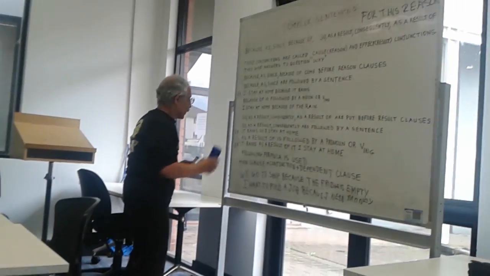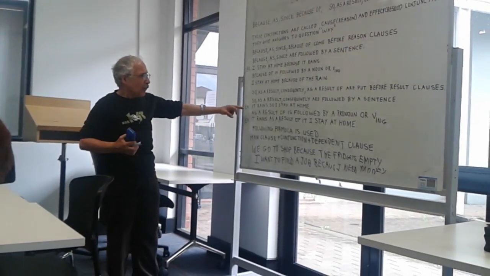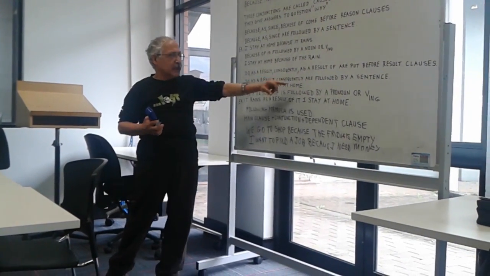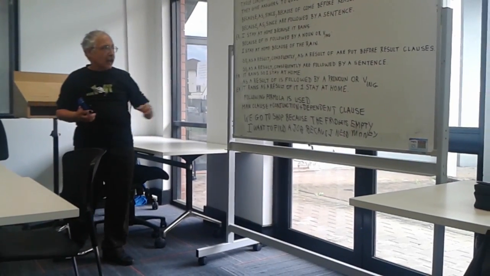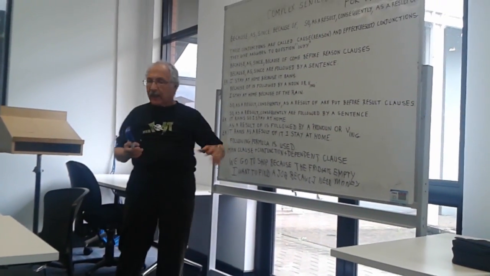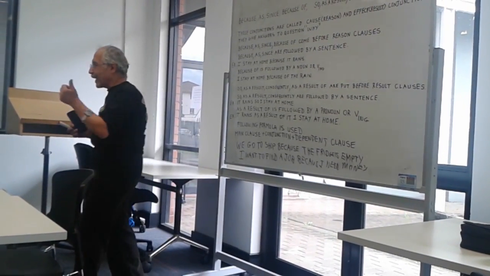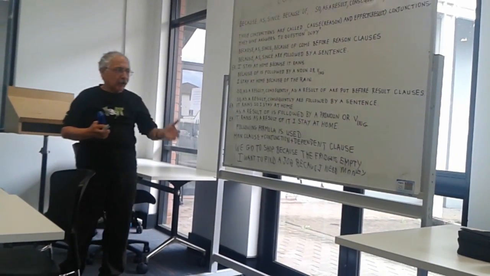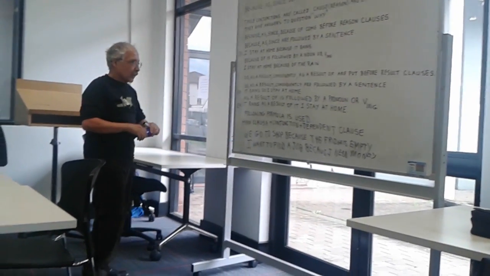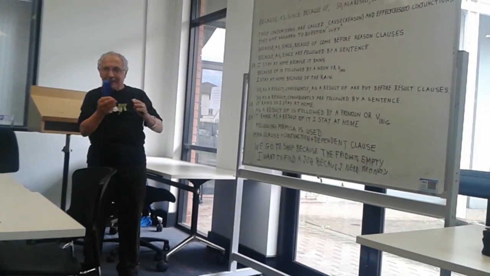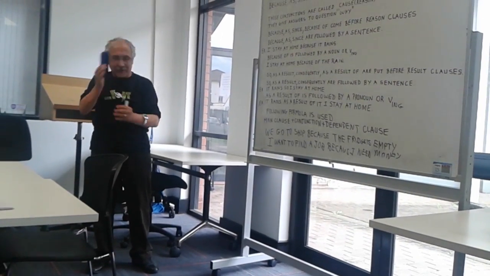So, as a result, and consequently are followed by a sentence. As a result of is followed by a noun, a pronoun, or the ing form of the main verb. The only difference is that their place changed.